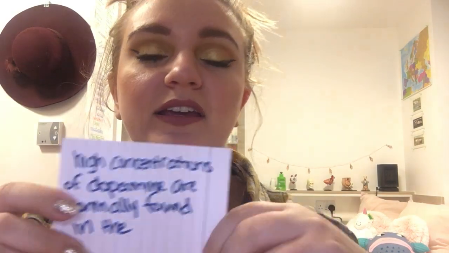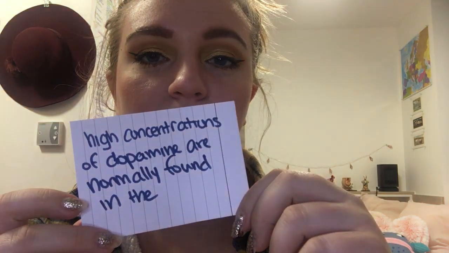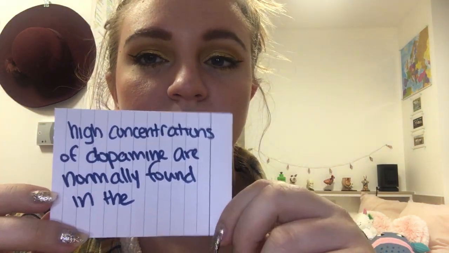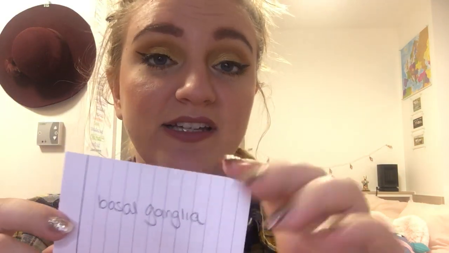High concentrations of dopamine are normally found in the basal ganglia. Connecting to a real-life condition, Parkinson's disease, a lot of the therapy that people with Parkinson's receive is dopamine, to try to help them.